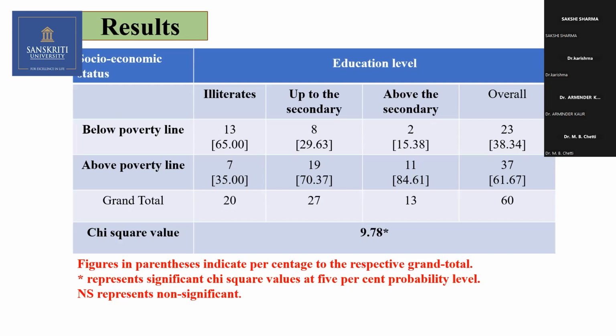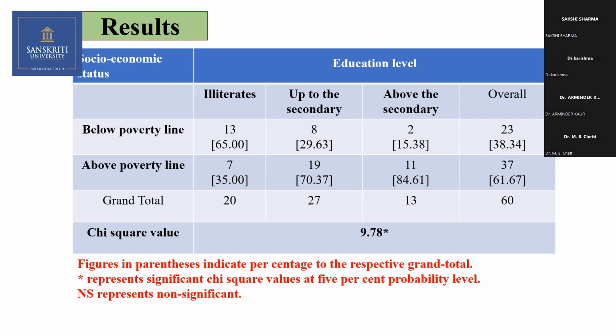Yes, ma'am. Now, the below poverty line is 65%, whereas above poverty line is 35%. They are more towards illiterates. So below poverty line people are not able to spend and go to school. And here the chi-square, 9.78, is significant.